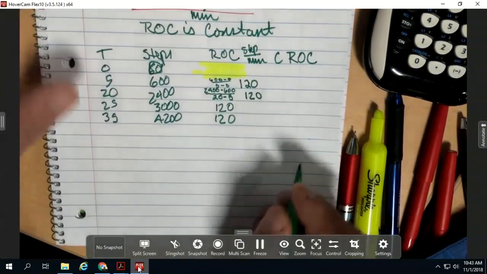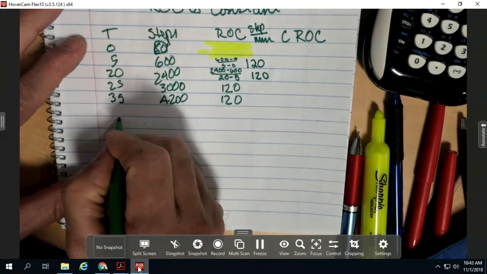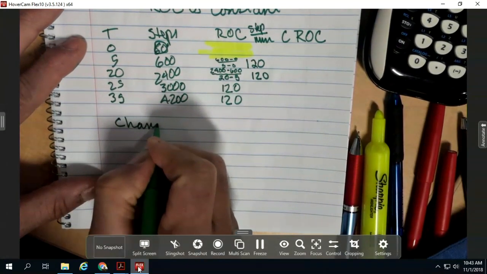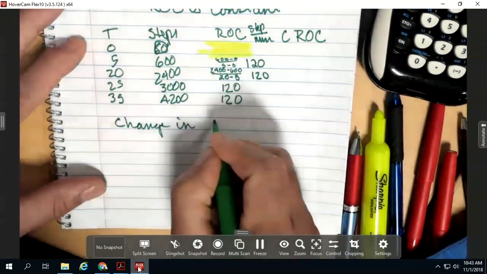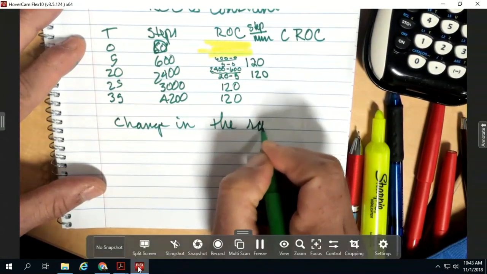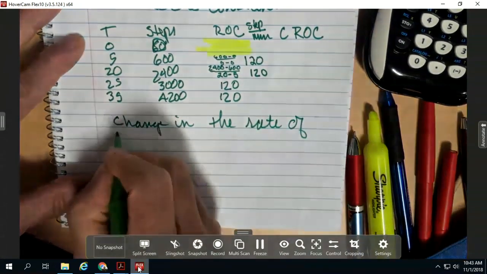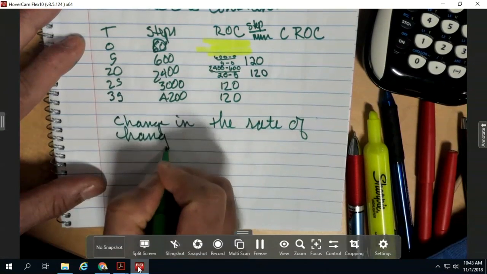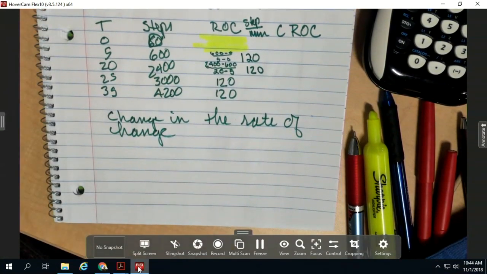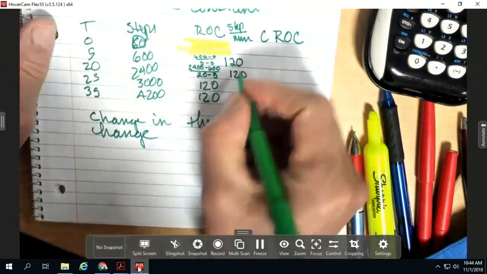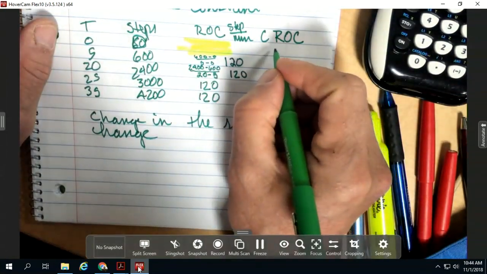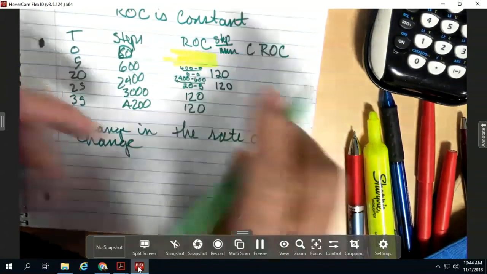New concept: the change in the rate of change. So we're going to be talking about how the rate of change changes. Okay? Each case it was 120. Well, what is the change in the rate of change?